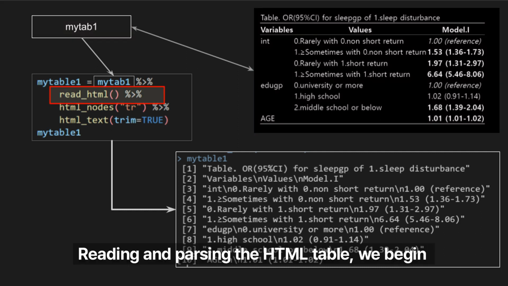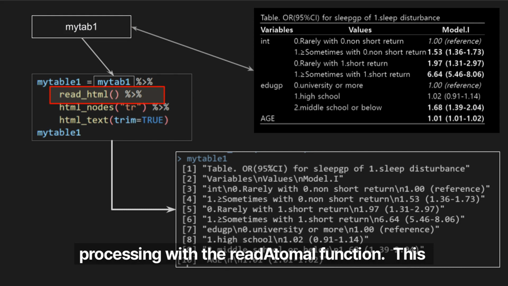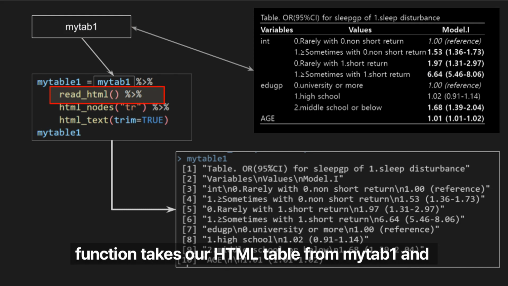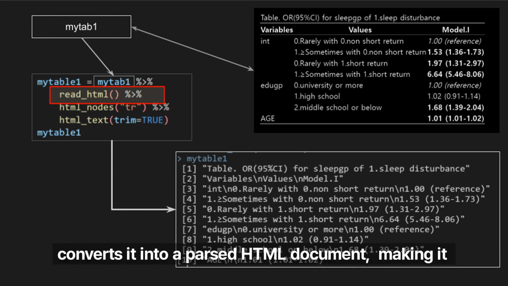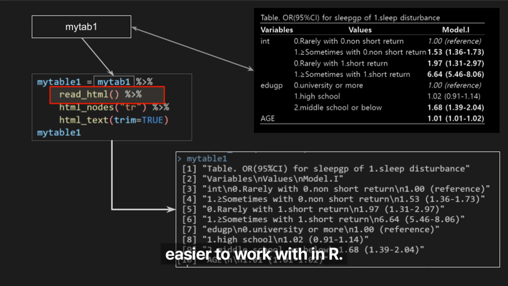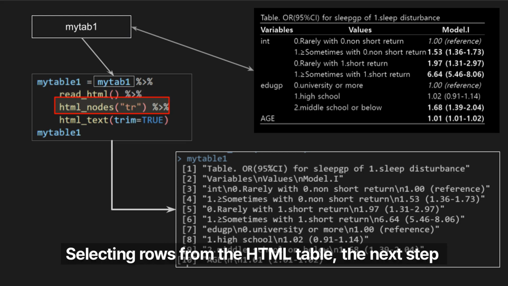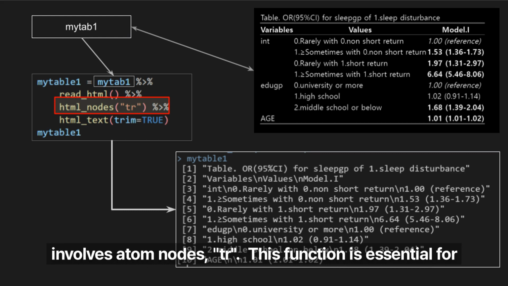Reading and parsing the HTML table: we begin processing with the read_html function. This function takes our HTML table from myTab1 and converts it into a parsed HTML document, making it easier to work with in R.